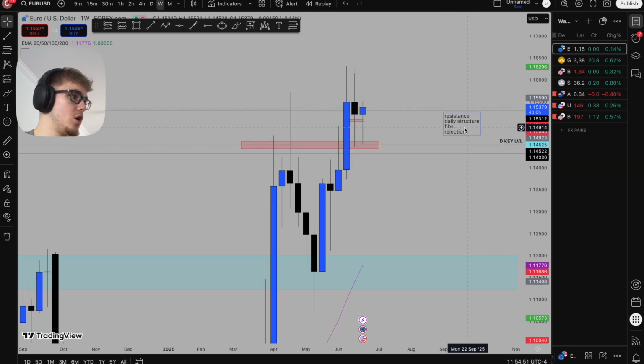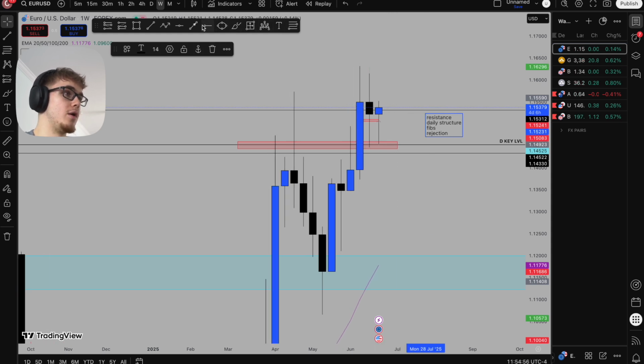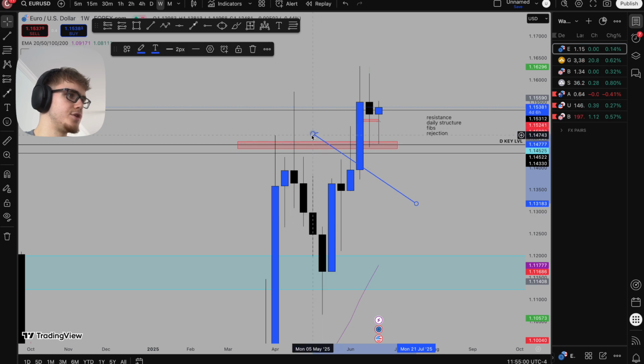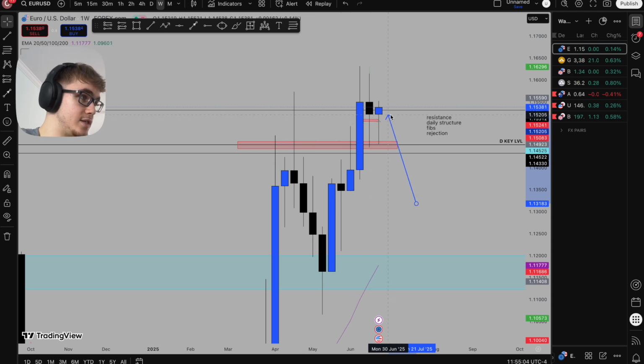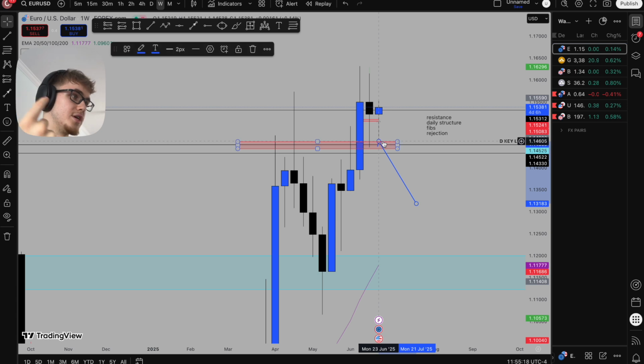First of all, when I actually took the trade, I saw that price was clearly rejecting this key level. This weekly candle was showing some big bearish momentum. You can clearly see this wick, and when I saw this candle, I saw that price had a lot of potential to go to the downside.